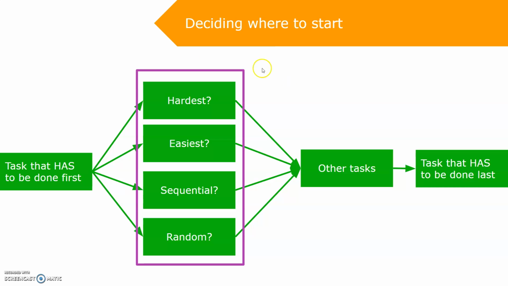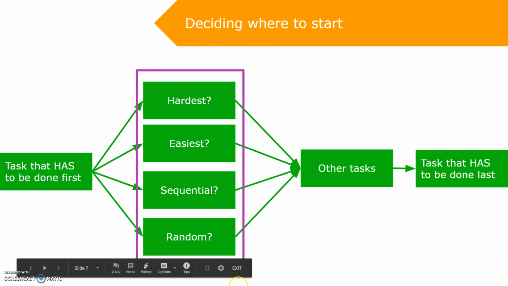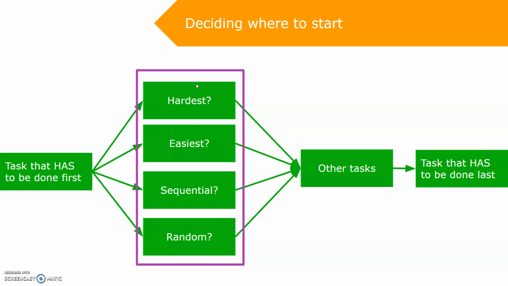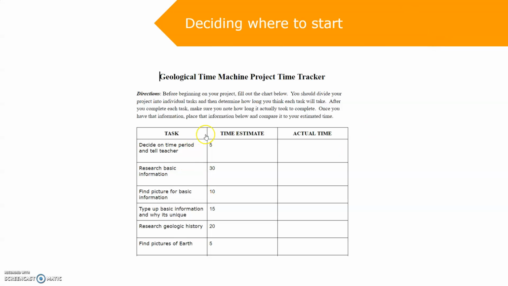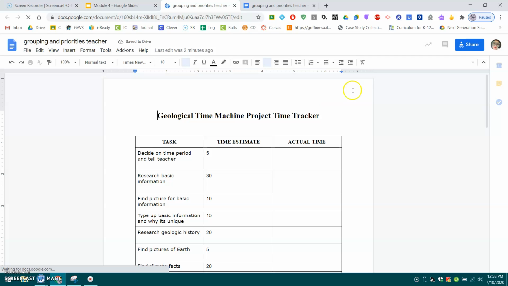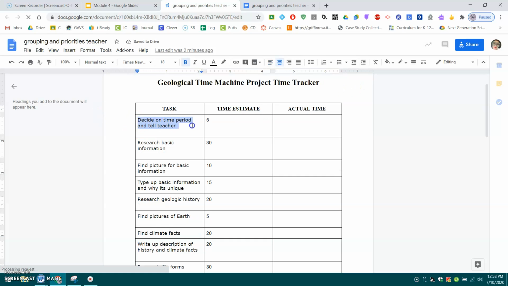But in general, for most people, it is this first big task after you do what absolutely has to be done first that is the most difficult for people. That's where they tend to procrastinate, or they get anxious and they don't know where to start. So they put off doing their project. So again, if I'm deciding where I want to start, I know that I absolutely have to do this first.